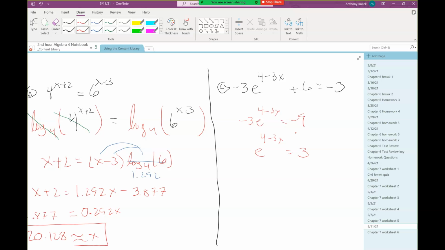Now here, there should be an obvious choice about which logarithm to use to make this as easy as we possibly can. Which logarithm would I want to use? Log base e, which the abbreviation for it was ln. Remember, that was one of the special logarithms that has a special symbol. So that's what I would do here, is take the natural log of both sides.